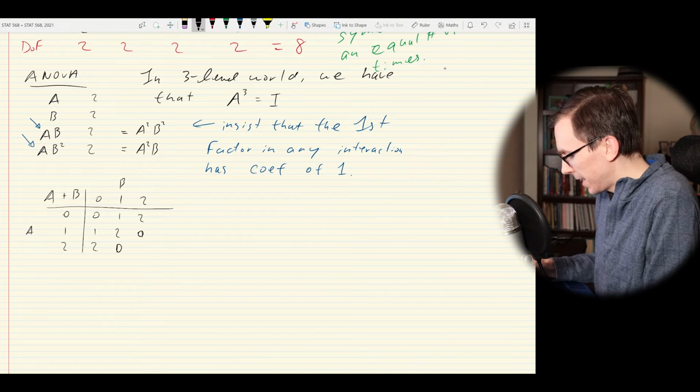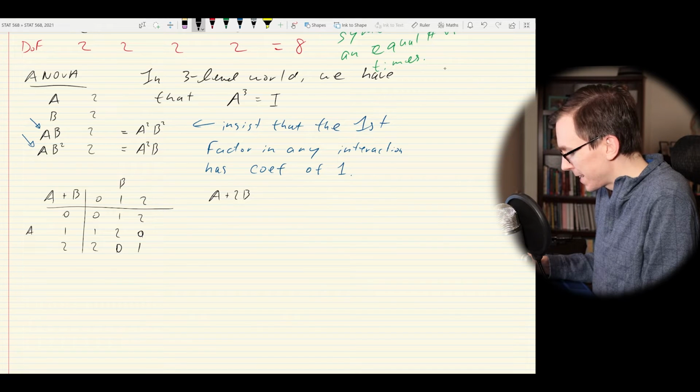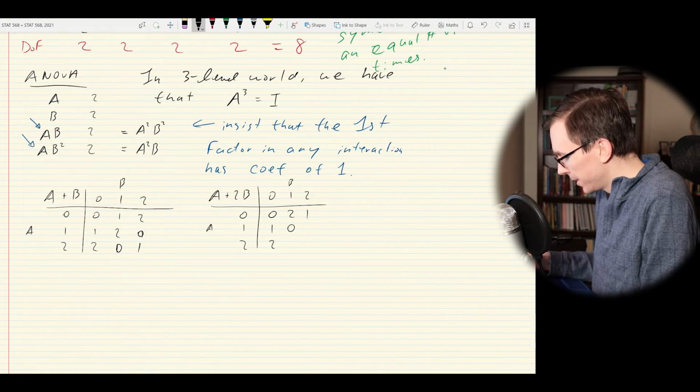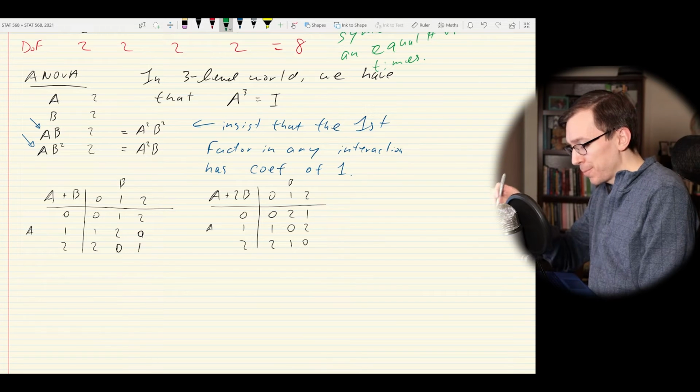But if we consider the other column, the A plus 2B column, 0, 1, 2 for B, 0, 1, 2 for A, well, now we're going to have 0, 2, 1, and we're going to have 2, 1, 0. Okay, so now these are both Latin squares.